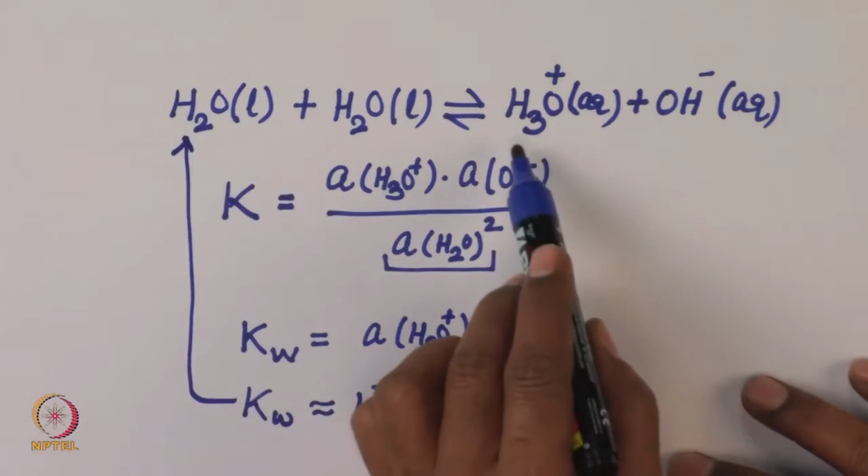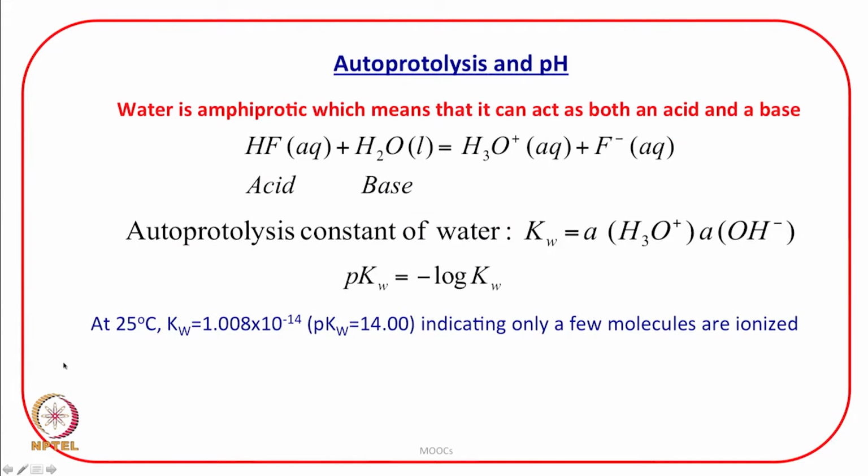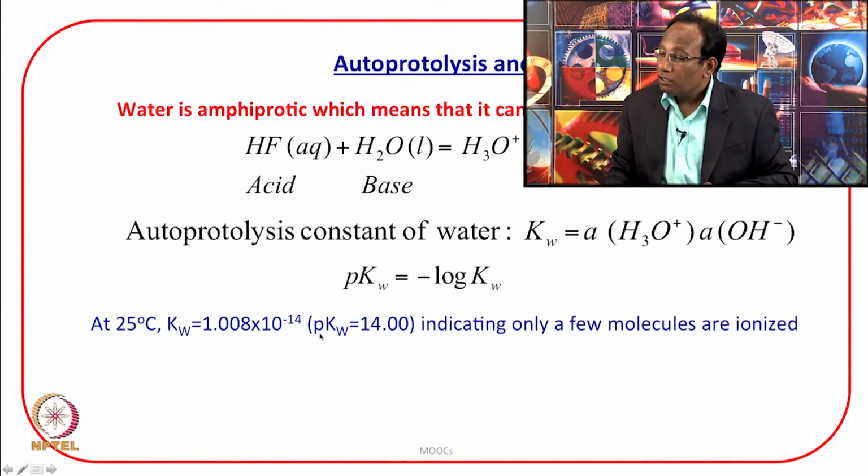That means the extent of ionization is very, very small. That is what is commented over here. At 25 degree centigrade, the autoprotolysis constant of water is 1.008 into 10 to the power minus 14, indicating only a few molecules are ionized.